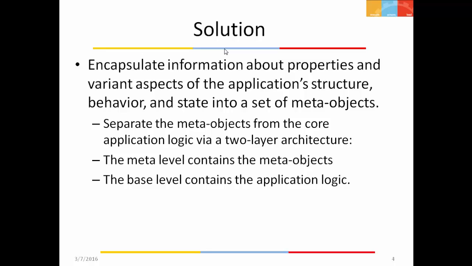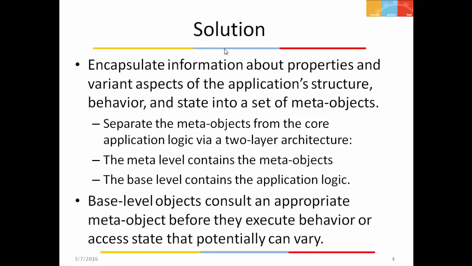If needed, you can also design your own reflection pattern. When you want to design the reflection pattern, you need to create a two-layered architecture where at the bottom you have the application logic, and at the top you have the meta objects that contain information about the application structure.